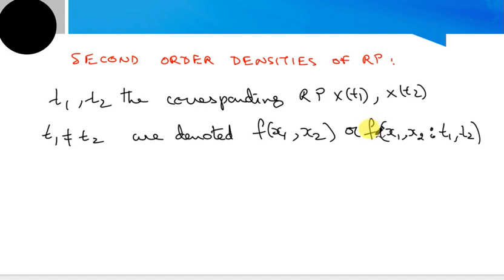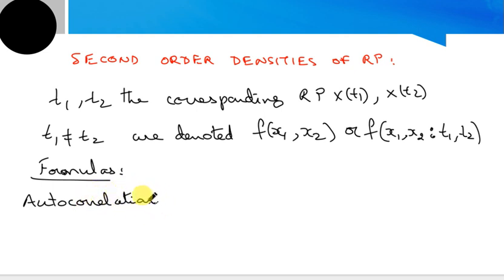Right, now under this we would like to see a glimpse of the formulas for the autocorrelation function. Some notable formulas which we would like to see. One is the autocorrelation function of a real process.